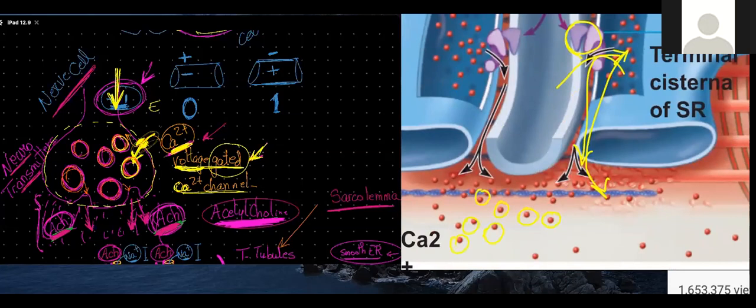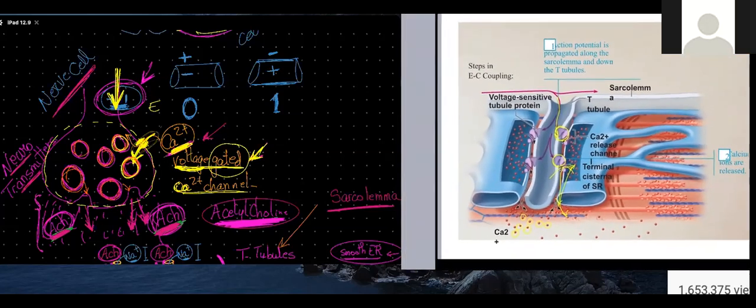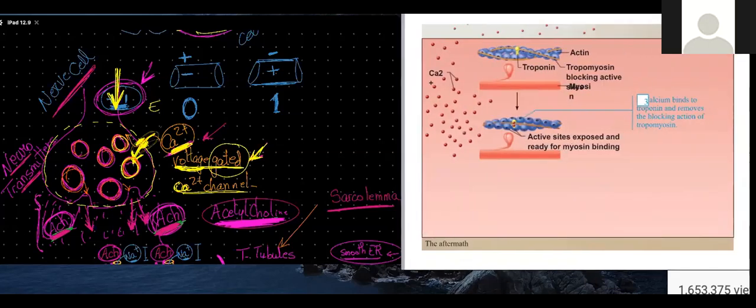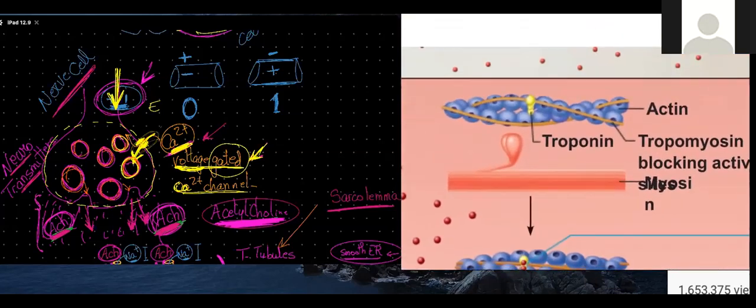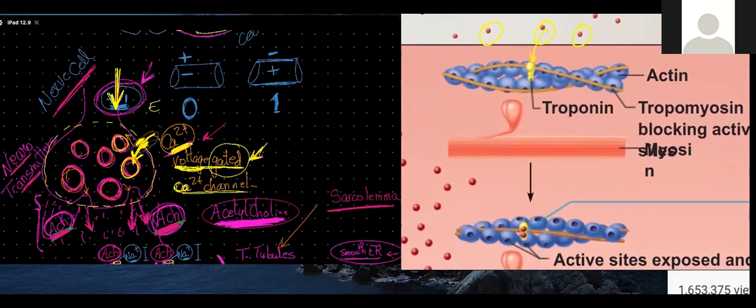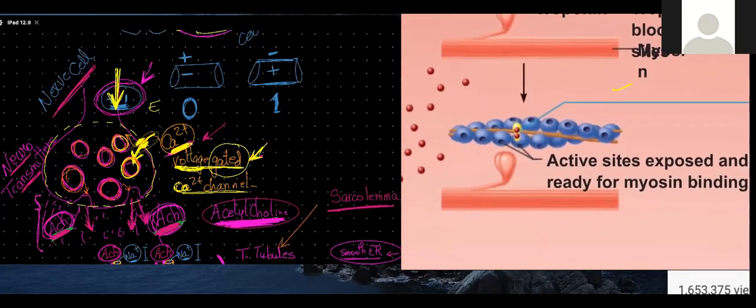And what was the effect of the calcium that you're going to be releasing outside of the sarcoplasmic reticulum? You see on here, this is my calcium that I did just release from the sarcoplasmic reticulum. It's going to be binding to whom? It's going to be binding to the regulatory protein on the thin filaments, which is my troponin.